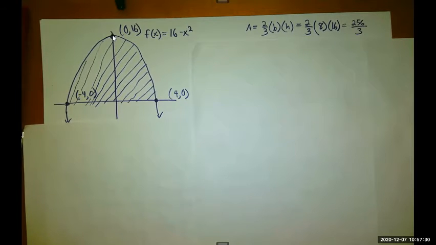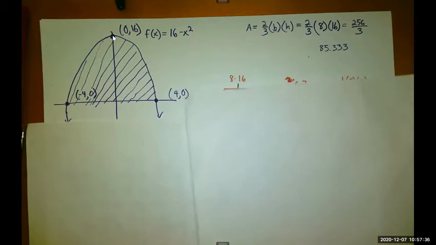So if we do 2/3 times 8 times 16, we know that the area is 256 thirds, or 85 1/3, 85.333, rounding correctly. Again, before we move on, I don't care, and you shouldn't care about that formula. We're just using that because it's going to help us guide our future discussion here.